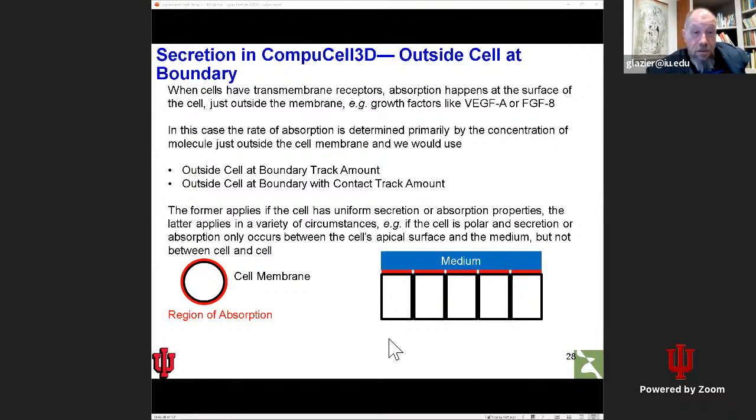It's the other way around. It's a receptor that exists to receive a molecule that regulates blood pressure, that happens to bind, unfortunately, the spike protein on SARS-CoV-2. So in that case, when there actually is a set of surface molecules on the outside of the cell, the uptake is happening just outside the cell. And that's why you'll find that there's this option of inside cell boundary and outside cell boundary as possibilities.